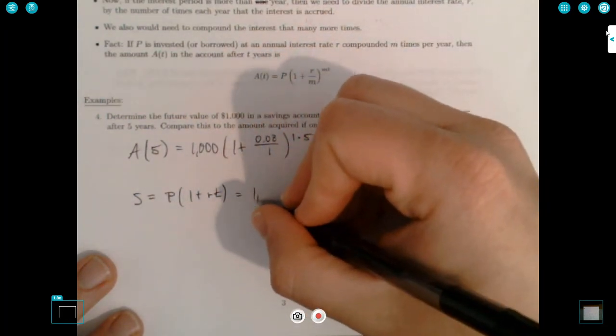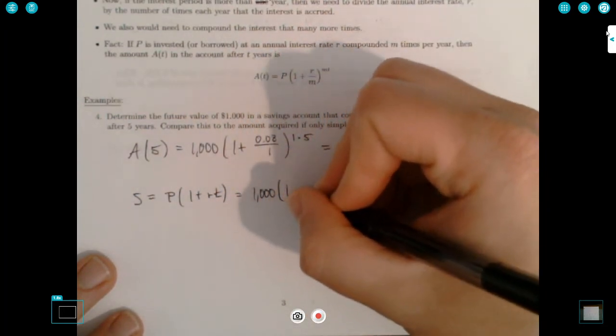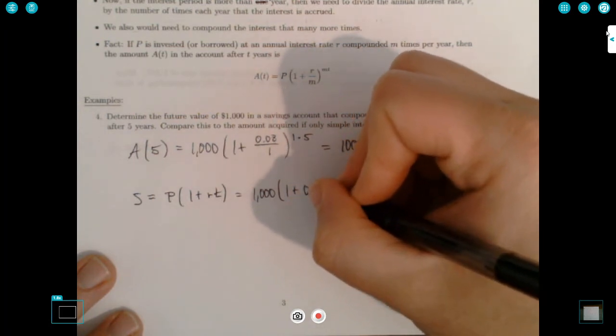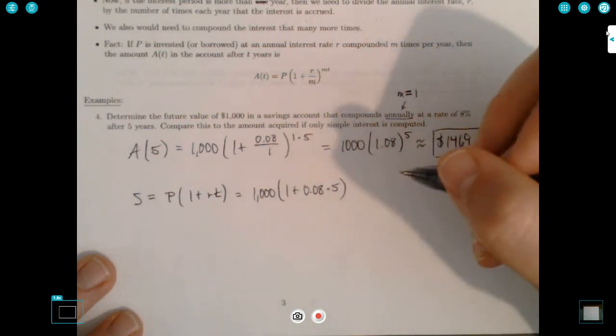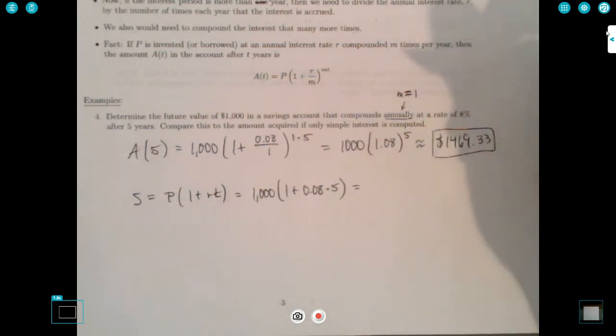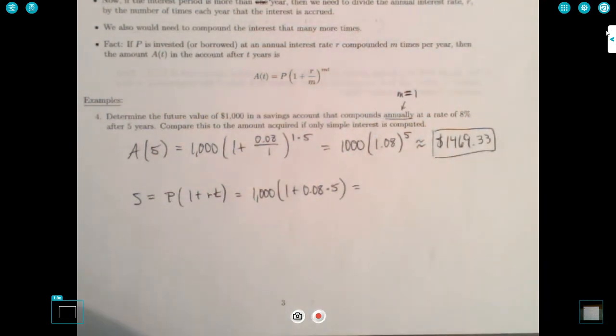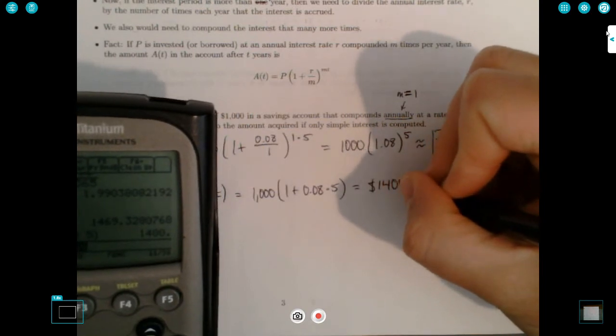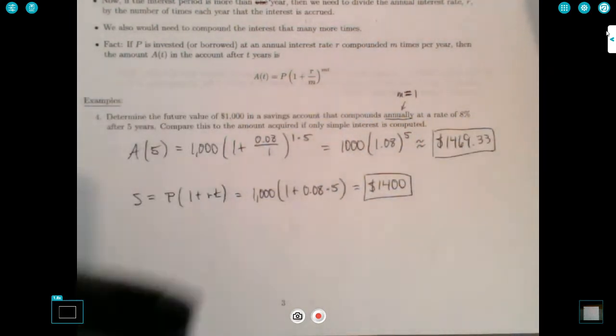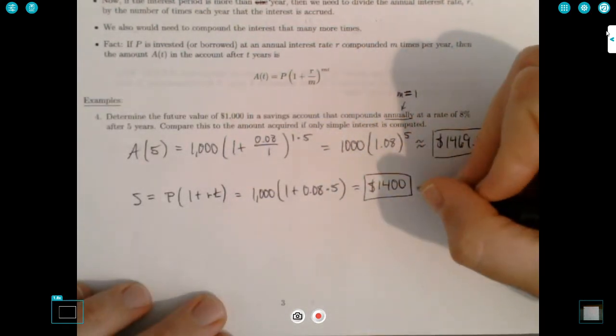So that would be 1,000 times 1 plus 0.08 times 5. Punching that into my calculator, that's $1,400. So this is with simple interest.